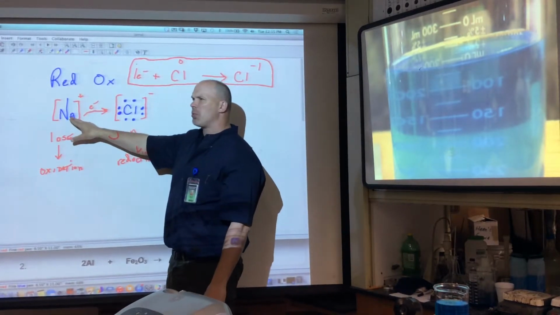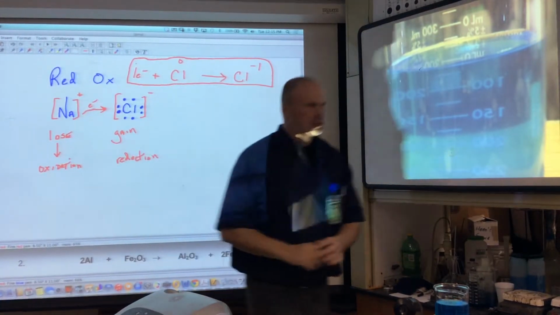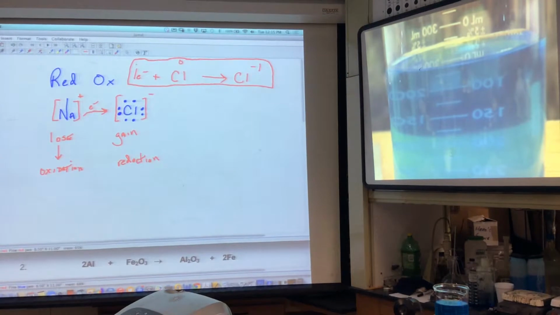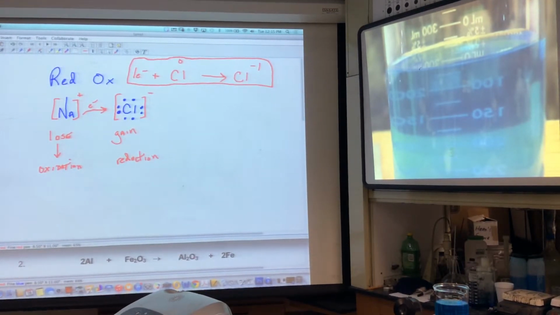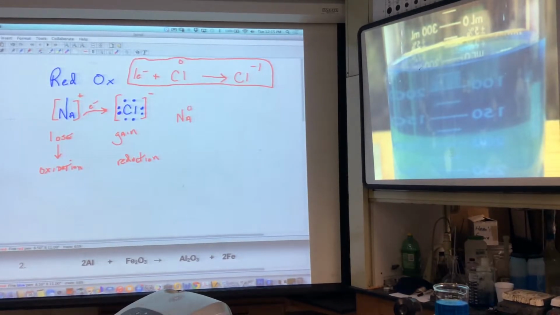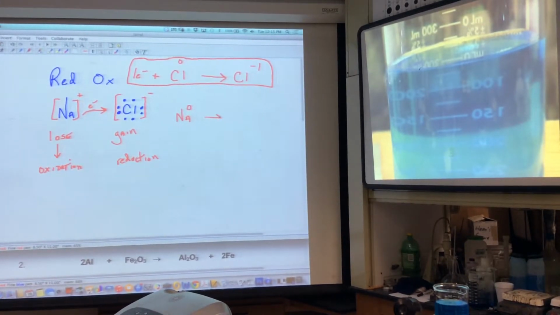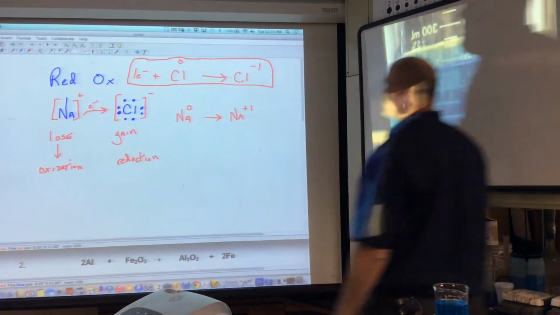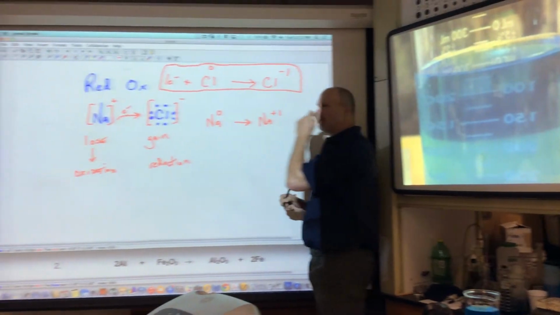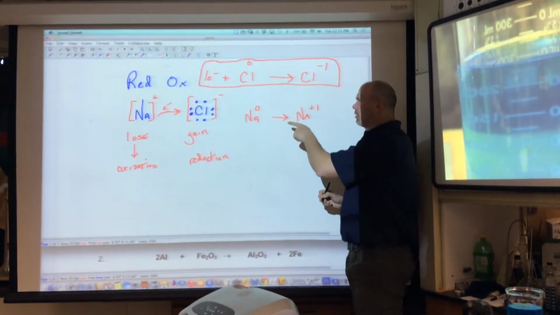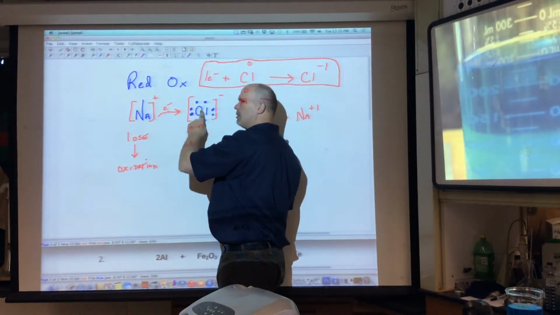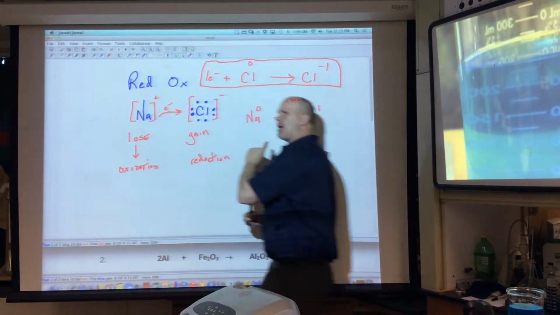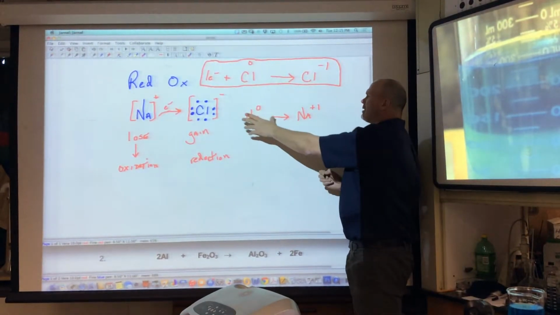Now, the weird part is sodium lost an electron. What's the half reaction associated with the sodium? Well, the sodium is Na0. It's an element, and it went to Na plus 1. Now, is the charge on both sides of this half reaction the same? No. What did sodium lose? An electron. Now, if you lose an electron, where do you put it, reactant side or product side?